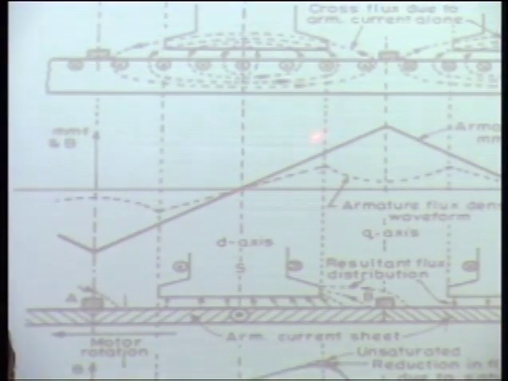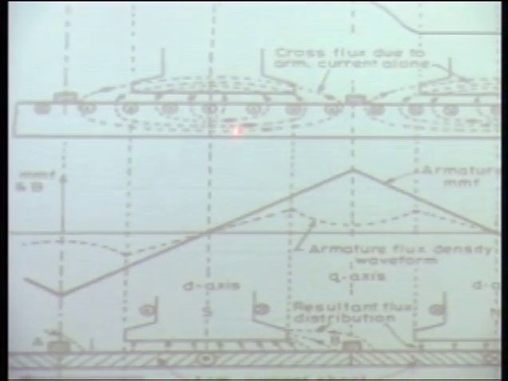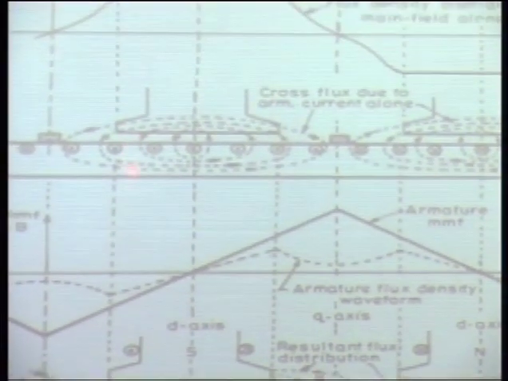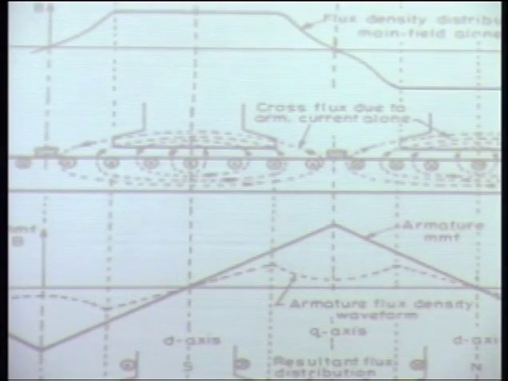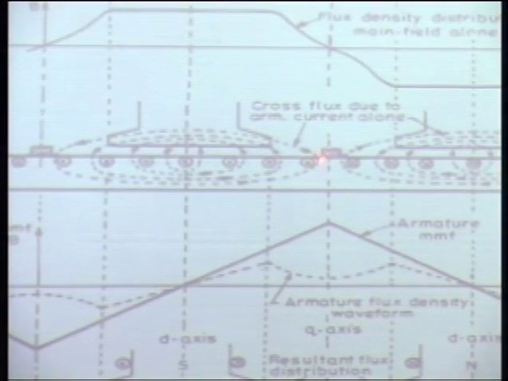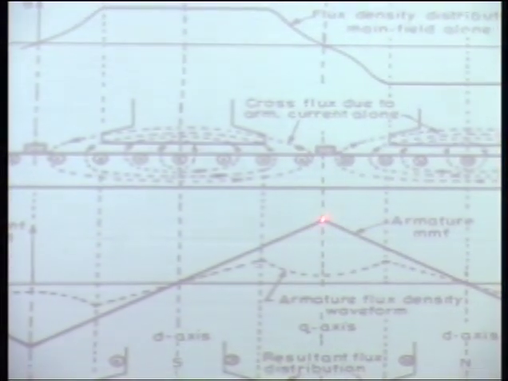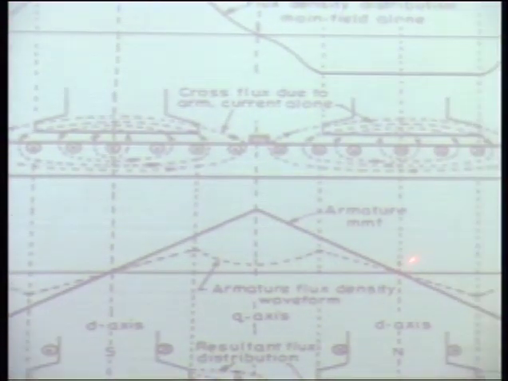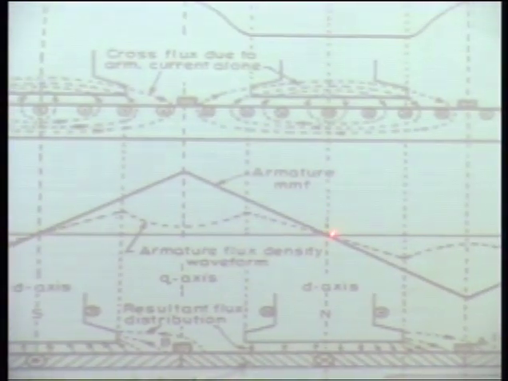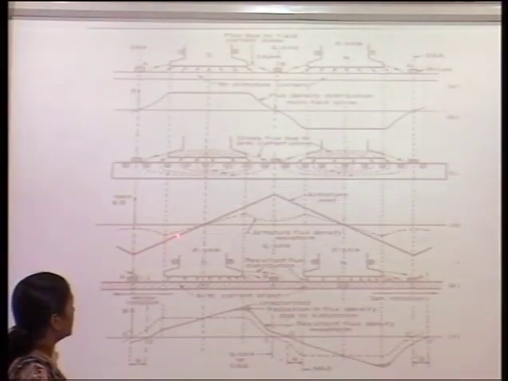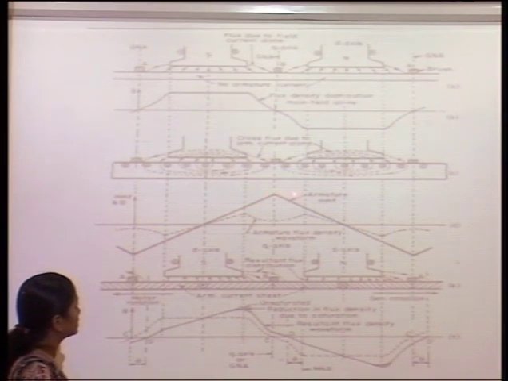It increases till the geometrical neutral axis, because there the lines of force enclose the maximum number of conductors, and these maximum conductors multiplied with the armature current give the armature MMF, which is maximum at the geometrical neutral axis. Then again it decreases till the pole center, and then again increases in the opposite direction as explained earlier. So the armature MMF line is this.